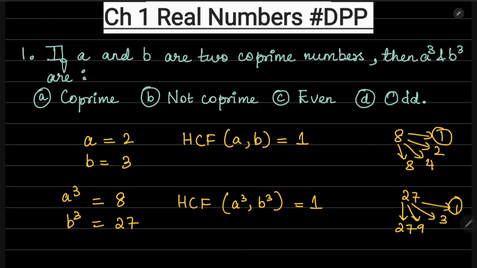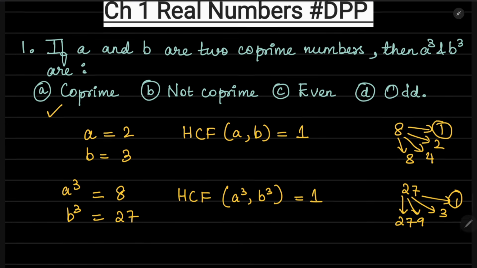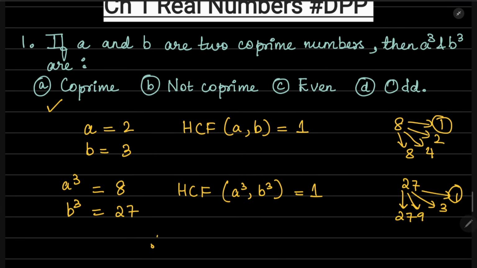Okay, so the answer is going to be, if A and B are any two co-prime numbers, then the cube of those numbers are also co-prime. So the option is A. Okay, A cube and B cube are also co-prime. So please remember this, right? Therefore, A cube and B cube are co-prime numbers.